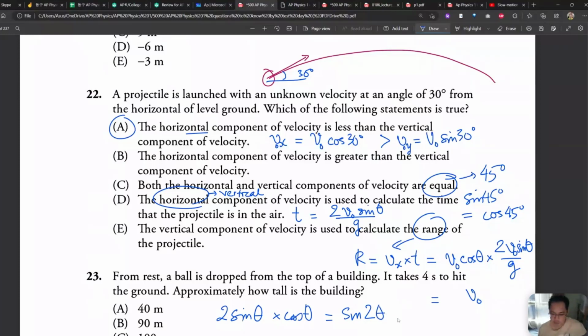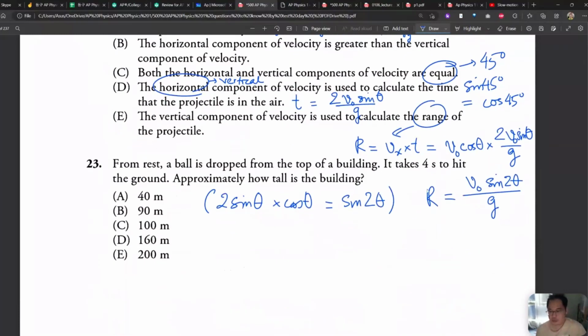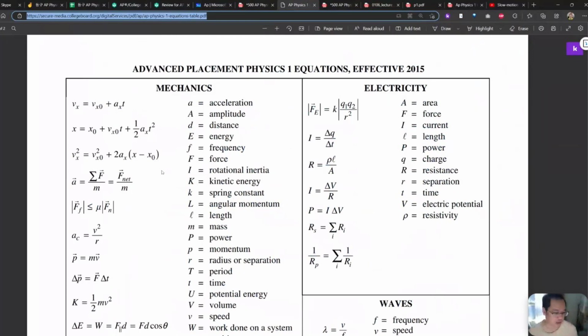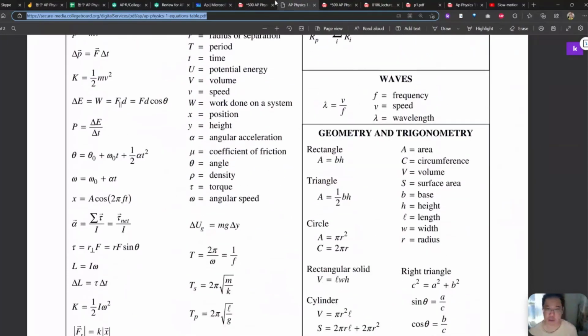Therefore this is V0 squared times sine of 2 theta divided by G. This is the range. Please write this equation in your notebook. Definitely not in the formula sheet.